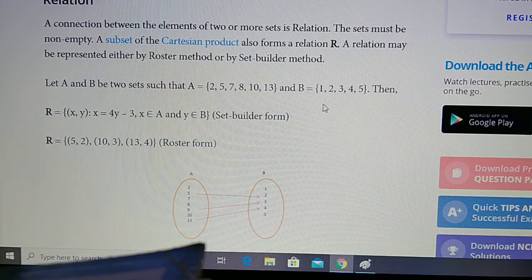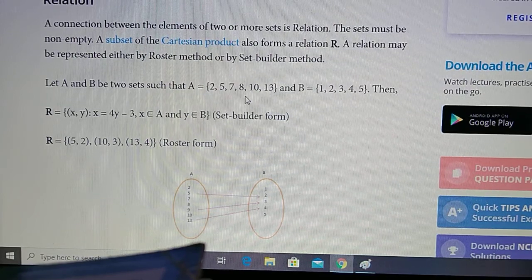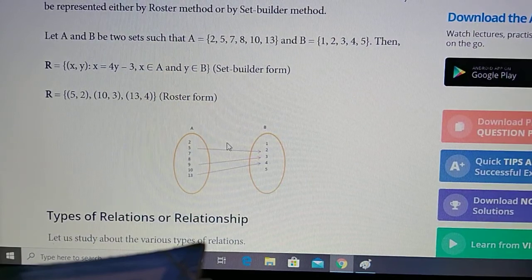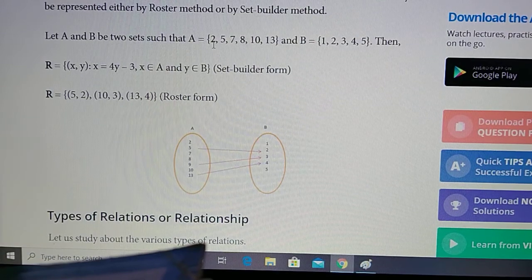We can understand this better with an example of a Venn diagram. In the Venn diagram I have written 2, 5, 7, 8, 10, 13. If you keep the value of y as 1, the result is 1, but A does not have the value 1, so 1 does not have any arrow here.